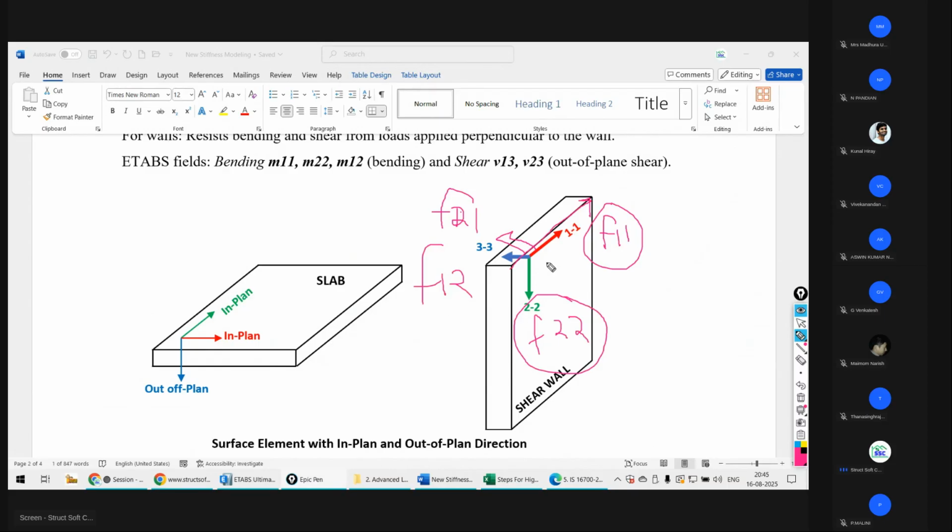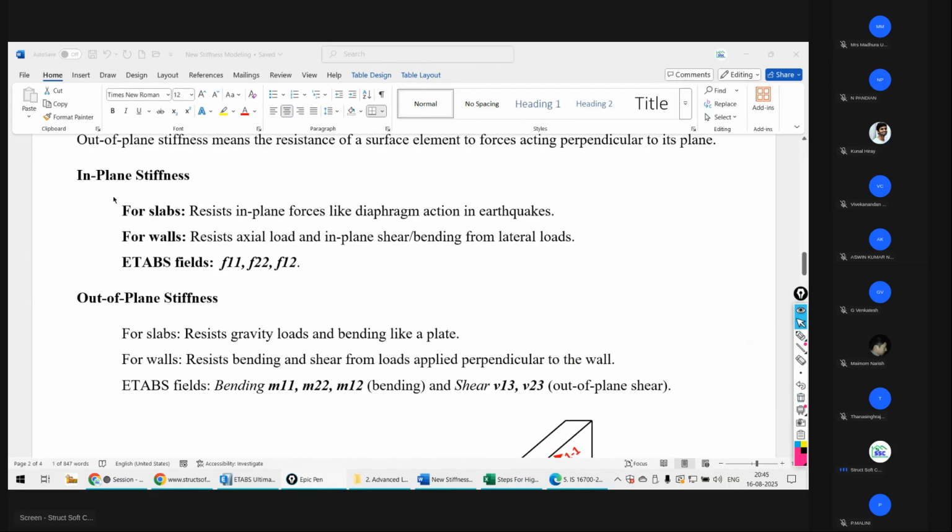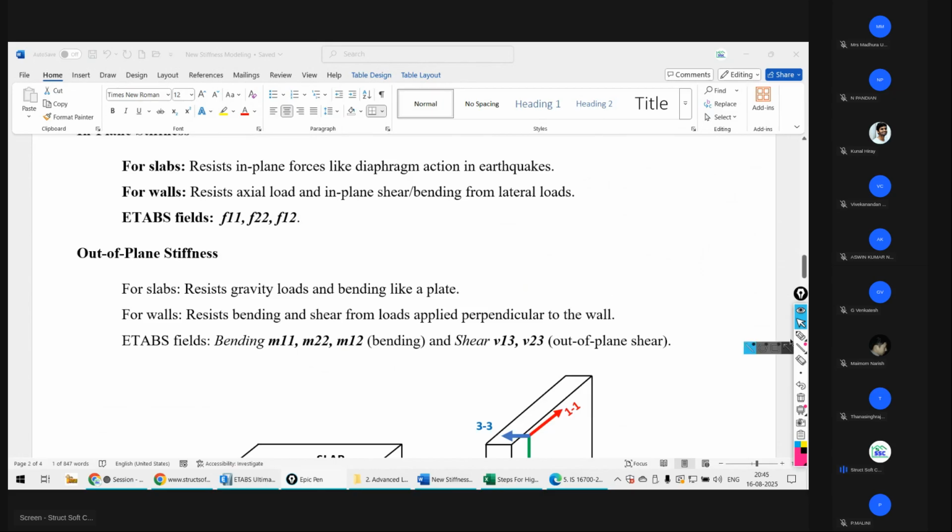Getting my point? And flexural stiffness, moment about this direction is very less, flexural stiffness is very less for the case of your shear wall. So here in plane stiffness is F11, F22, F12. Out of plane stiffness will be what?